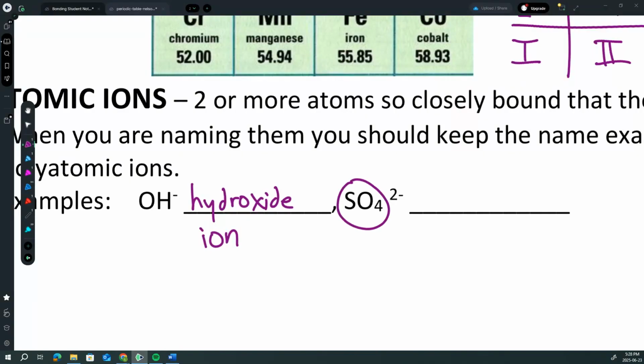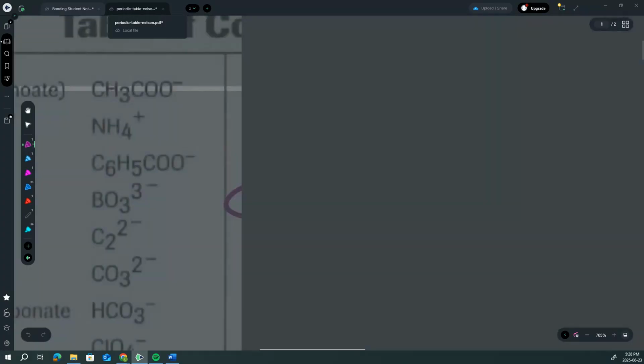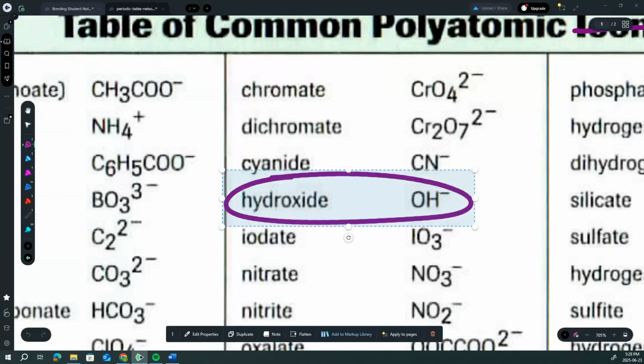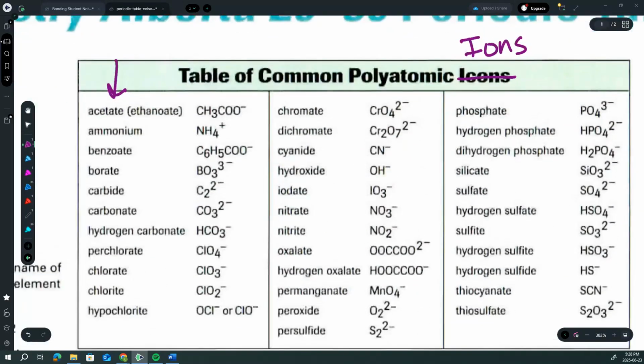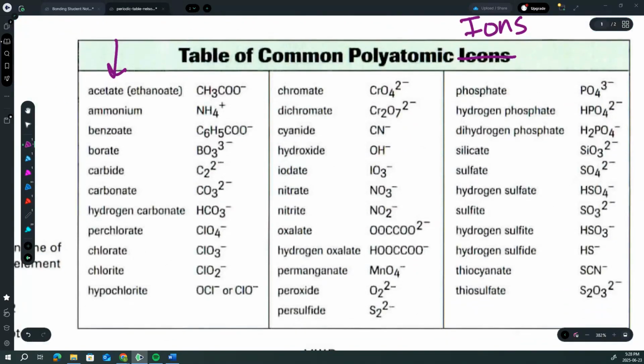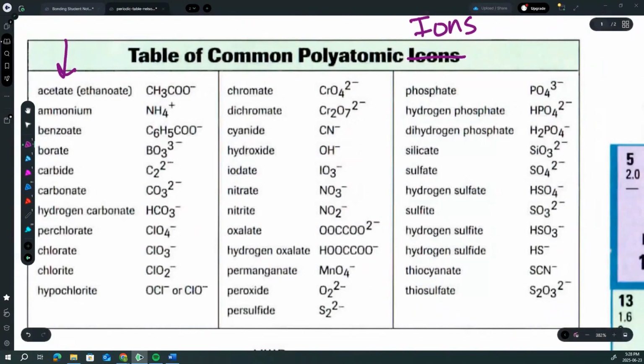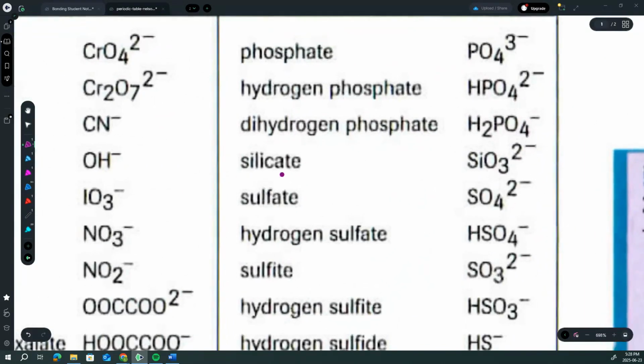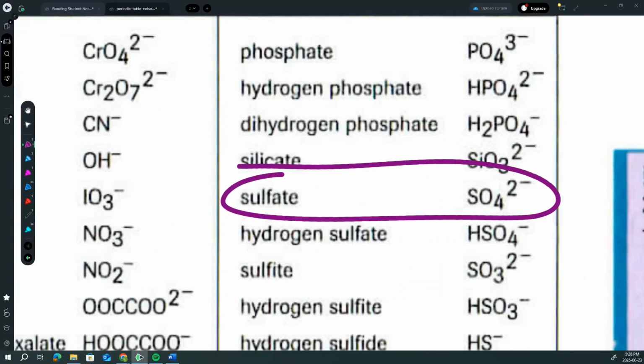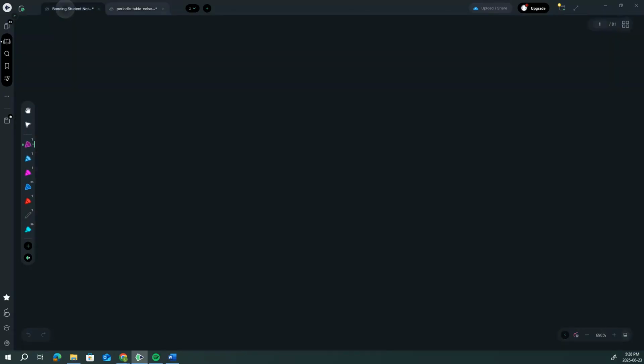So what that means is the 1 sulfur and 4 oxygens are bound so closely, they act as one unit. All of this has a charge of 2-. If I look at my table, that's going to be right here. So that is a sulfate ion.